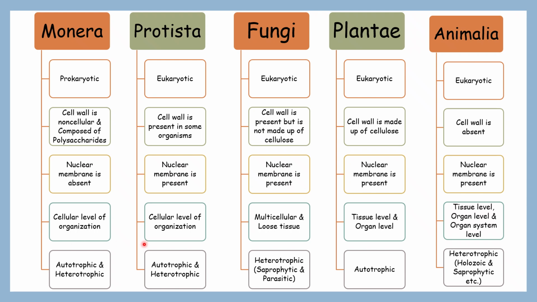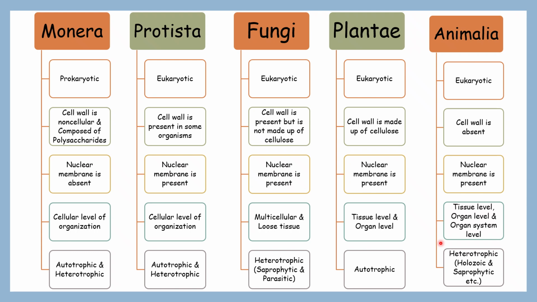Kingdom Fungi exhibits multicellular level of organization. Kingdom Plantae shows tissue level as well as organ level of organization. In Kingdom Animalia, we can see the highest level, that is, organ system level of organization.